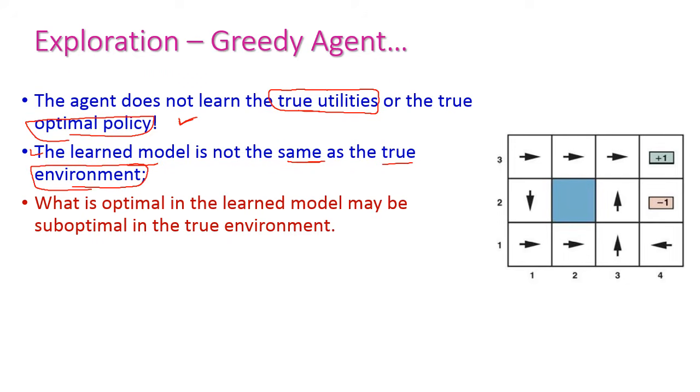The true environment and the learned model are sometimes different, and what is optimal in the learned model may be suboptimal in the true environment. As per our example, the agent learns this as the optimal route, but another optimal route is also there, this one, isn't it? So the agent does not go beyond this particular policy and sticks only to this route.